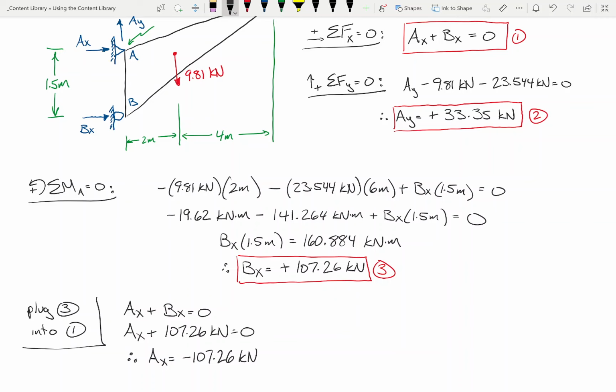Okay. Now as for how do I express this? Because these were some questions that we had in class, how do we properly express the answer? Well, first off, we have 3 reactions, AX, AY, and BX, not BY. So the first thing that we need to do is recognize that these are vectors. So vectors have a magnitude and a direction. The magnitude is always a positive number.